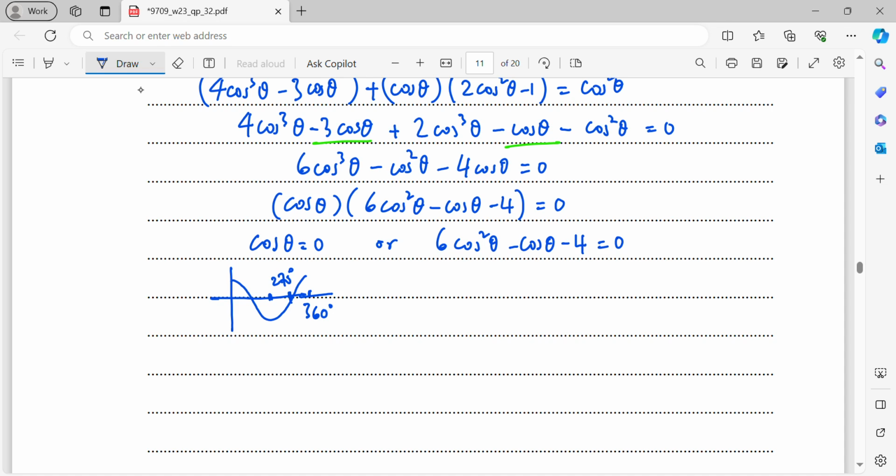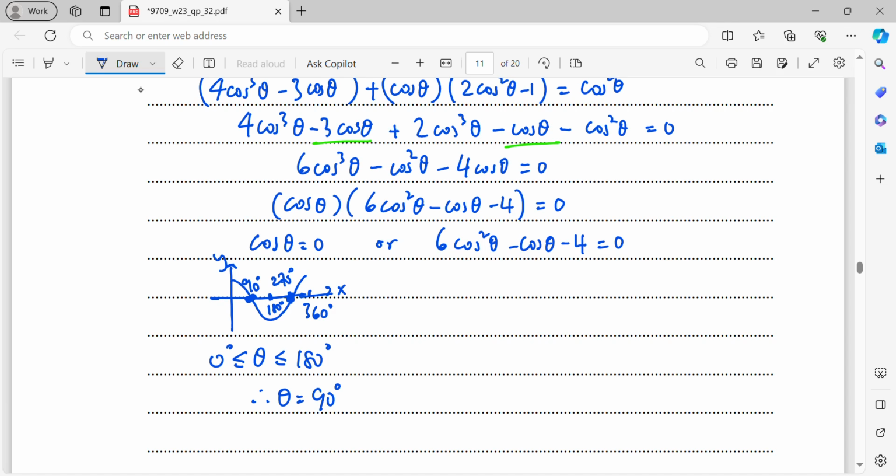Okay, here is 180 degrees. And then this is 90 degrees. So obviously when cos theta is 0, I will get 90 and 270. But because your theta is between 0 and 180 degrees, therefore your theta for cos theta equals 0 will be just 90 degrees.